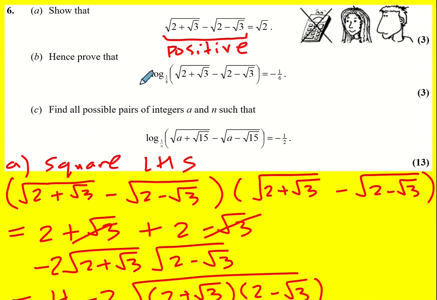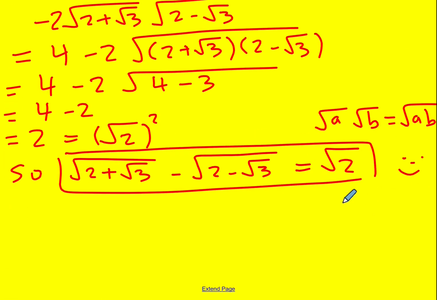So let's take a look at part B. Hence prove that the log, to base 1/8, of the left-hand side of part A is minus 1/6.